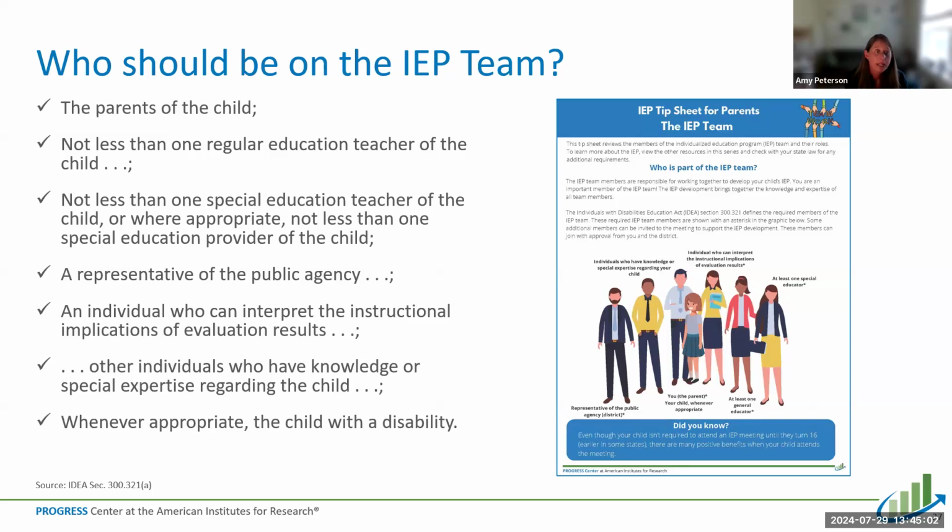As we think about who needs to be on an IEP, you can see a version of a tip sheet we have for parents and families about the IEP team themselves, with those critical components as outlined in IDEA for who needs to be on the IEP.